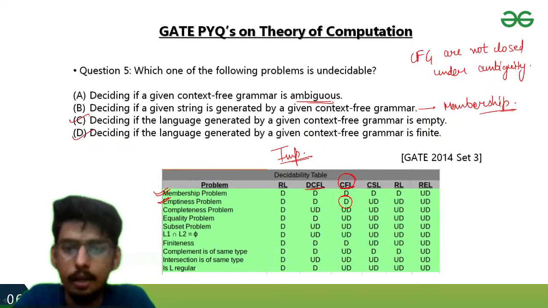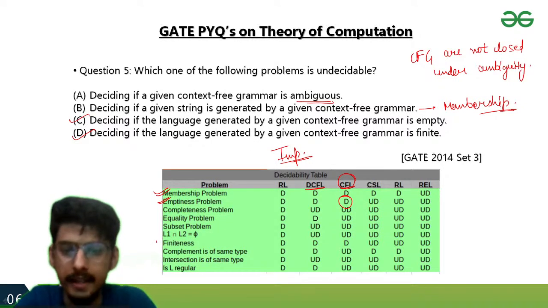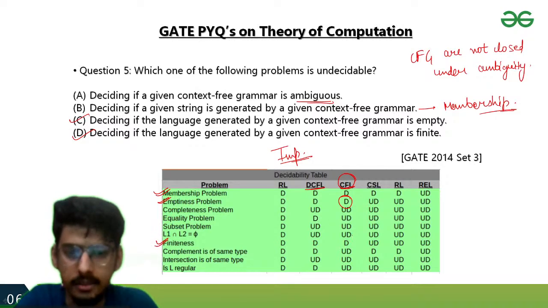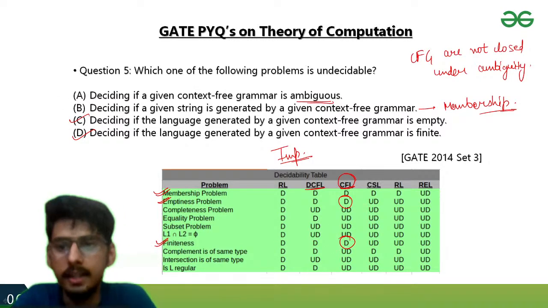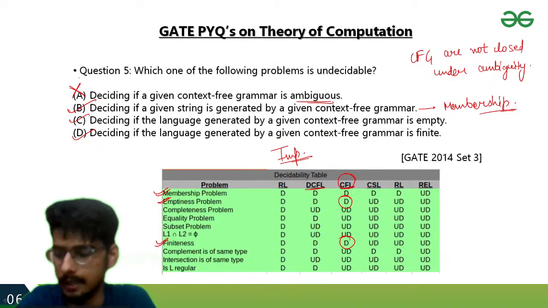Then D option, deciding if the language given by a context free grammar is finite or not, that is the finiteness problem, and under the finiteness problem also context free languages are decidable. So under B, C, D it is decidable. Because of that, A is the wrong option; it is not decidable.